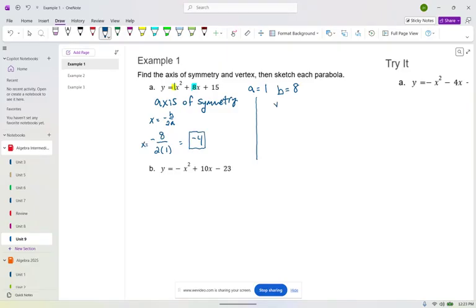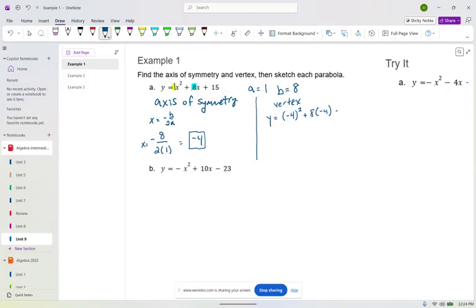We're going to use that axis of symmetry to come up with the vertex, and the vertex is a coordinate, which means it's an x and a y. So we have our x value, we need our y value. So I'm going to come into the equation, and anywhere I have an x, I'm going to put in negative 4. And I'm going to use parentheses. Those are important because they're going to include the negative sign. So parentheses, negative 4 squared, plus 8, parenthesis, negative 4.